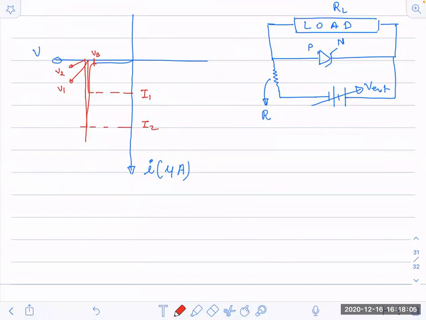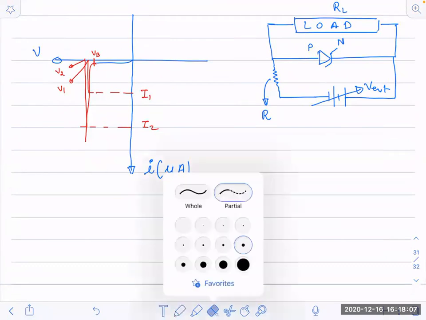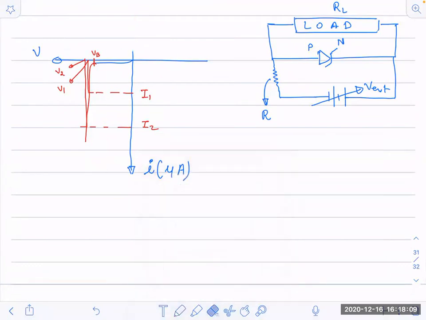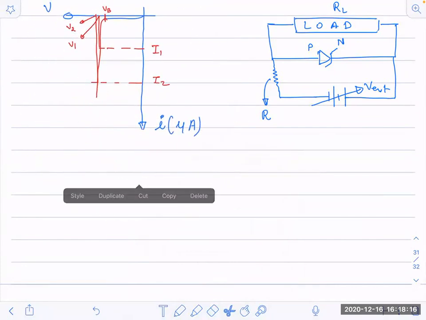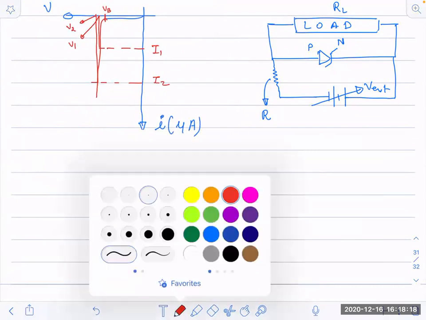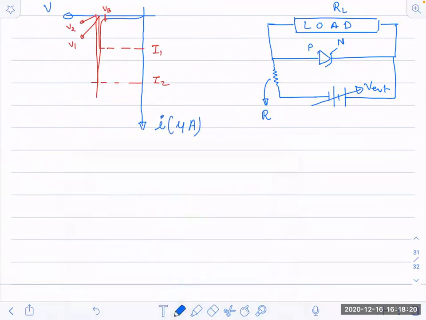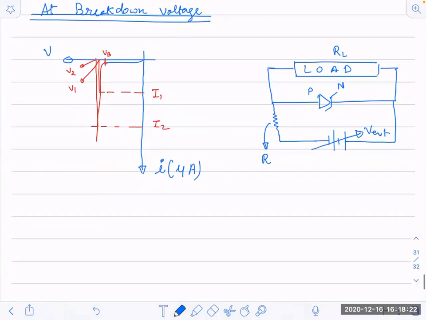Understood? Now, how is it used? Let us analyze that part and then we'll move ahead. What's happening here is that at breakdown voltage, if there is a huge difference in current, why is there not a huge difference in voltage? That we will see.